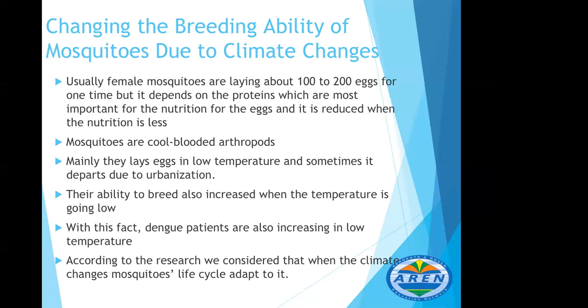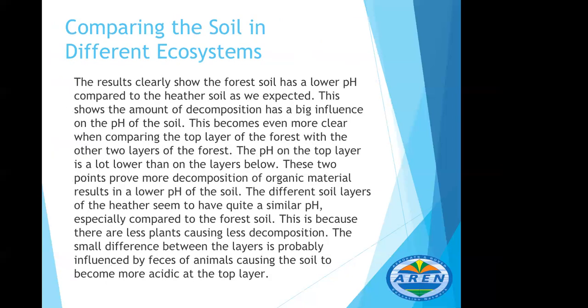With this fact, I believe it's dengue, the mosquito-infected patients are also increasing in low temperature. And then according to the research, we consider that when the climate changes, mosquitoes' life cycles adapt to it. I think what you see here is that students are trying to use more reasoning as they write their conclusion. And then another example that we had was comparing the soil in different ecosystems.